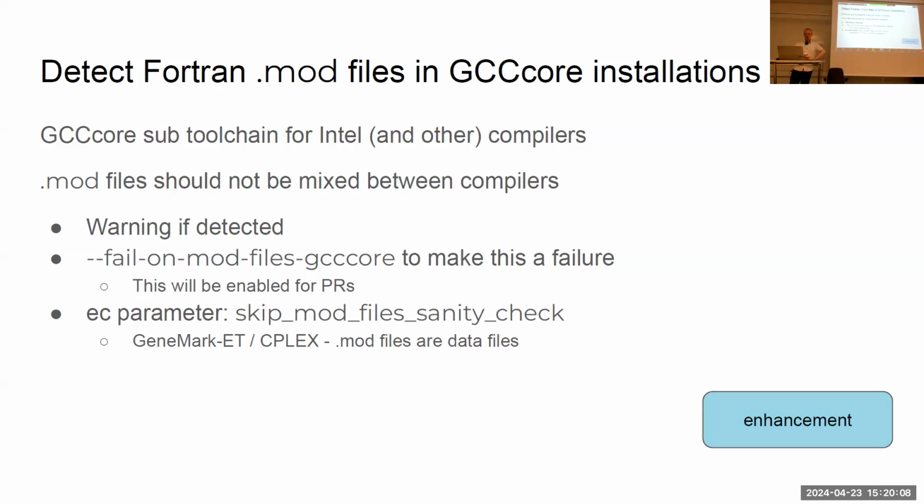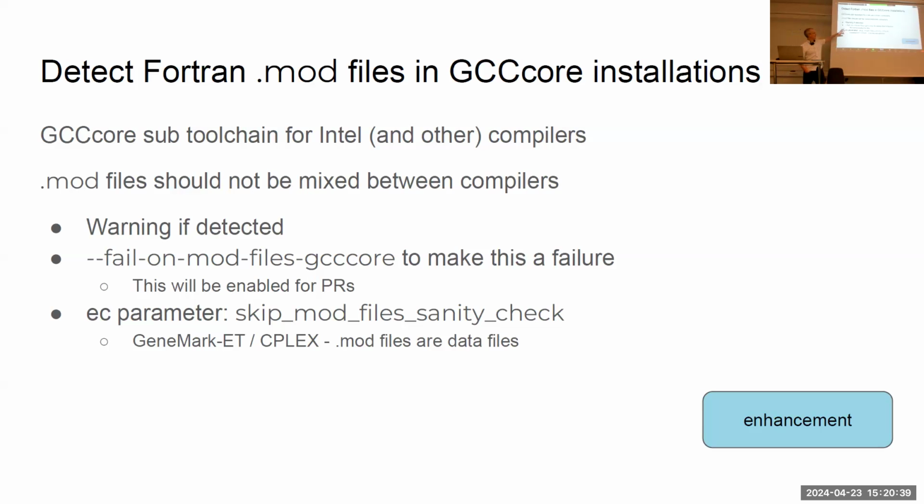Because GCC core is a subtoolchain for not just GCC-based toolchains, but also for Intel ones and other compilers, Fortran .mod files shouldn't be present in GCC core installations. Currently, we don't actually check this, but we have put in detection, and by default, it will warn if it finds one.